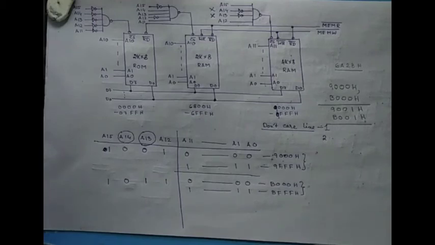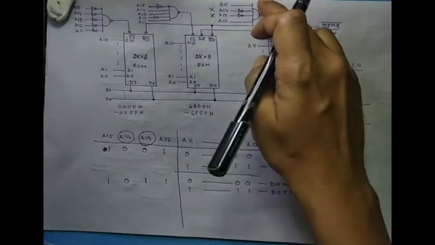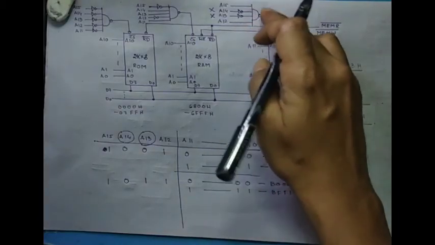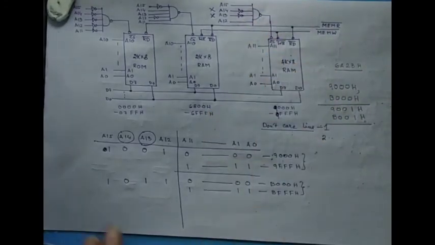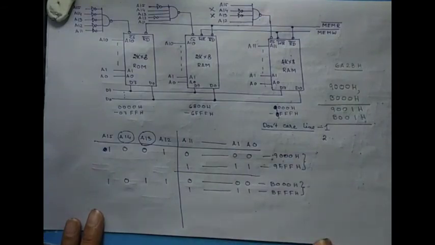That will not make any difference as far as the chip select signal is concerned. As long as A15 and A12 are at their required logic levels needed by the decoding logic, the specific logic levels of A14 and A13 will not play any role.